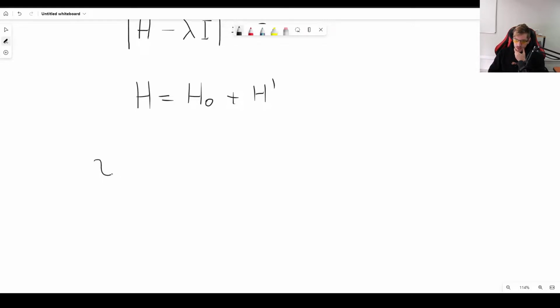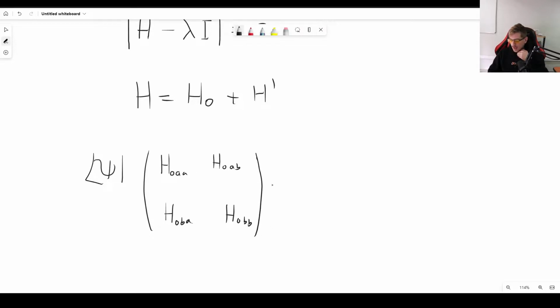So what do I mean by that? I mean that if we have some bra multiplying our H0 matrix, which will be comprised of H0 AA, H0 AB, H0 BA, and H0 BB, and it is sandwiched with a ket as well, we are going to end up with a lot of these matrix elements.